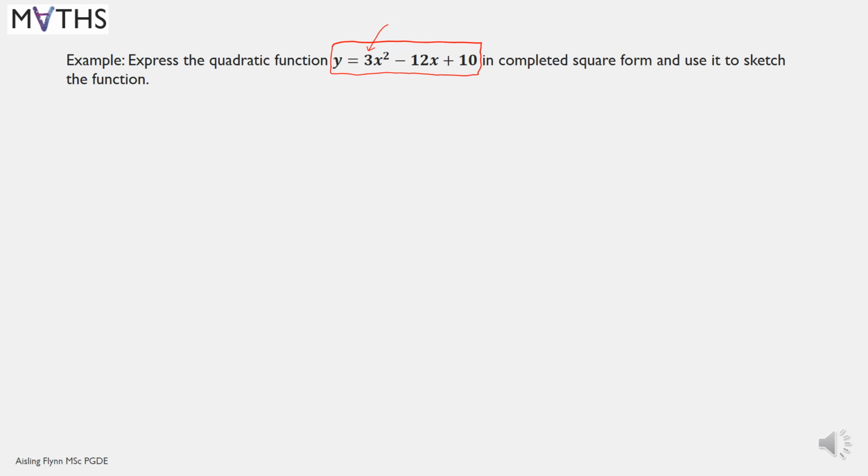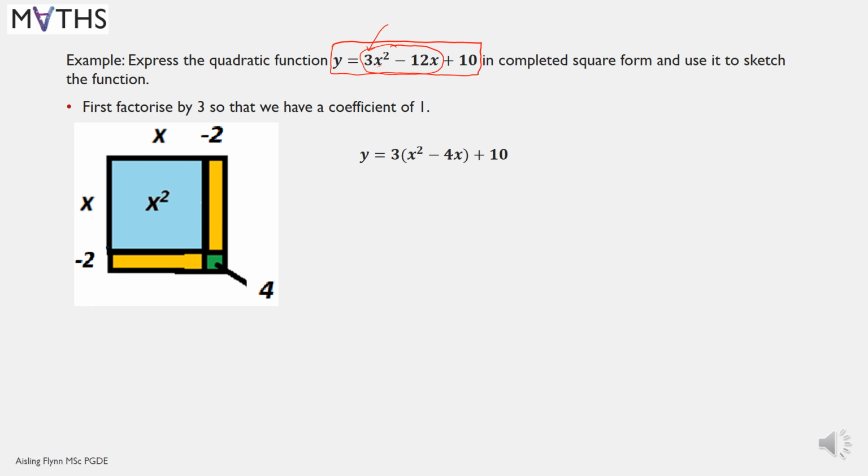Okay, so to deal with that, we will factorize our two terms containing x by 3. Okay, which is convenient in that 3 is a common factor there with the 12 as well. Okay, so first factorize by 3 so that we have a coefficient of 1. Okay, so that's taking 3 outside a bracket, and we've got x squared minus 4x plus 10.